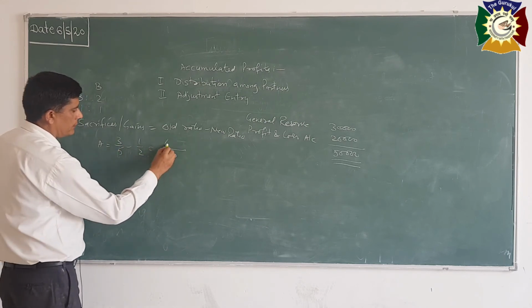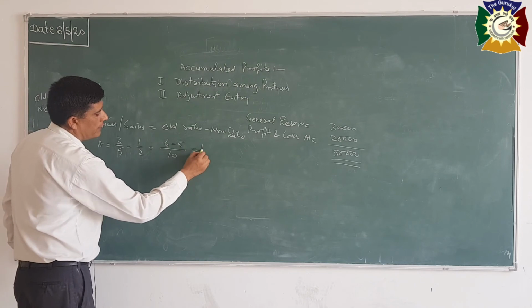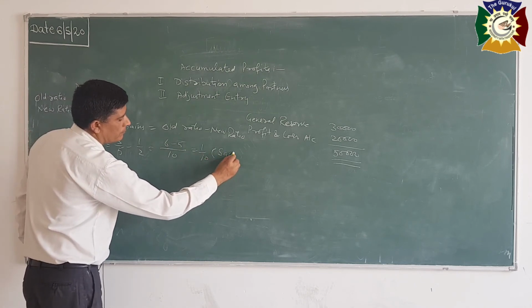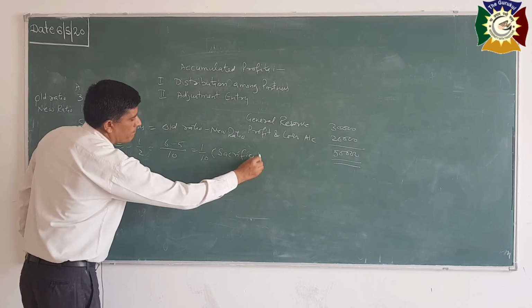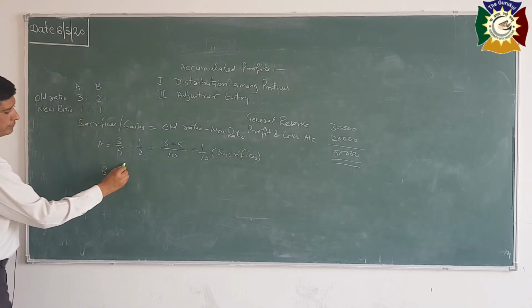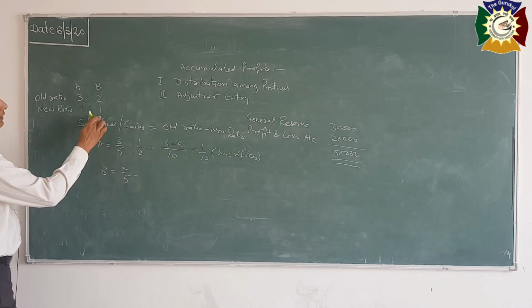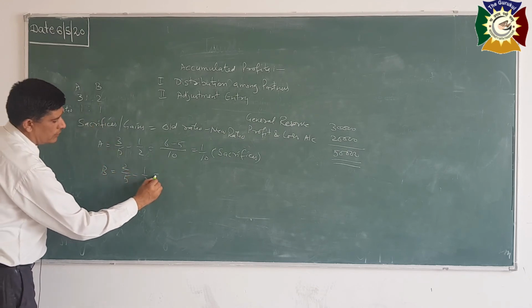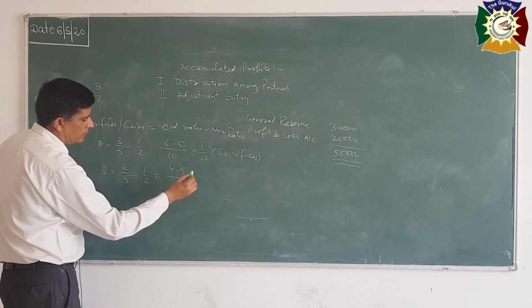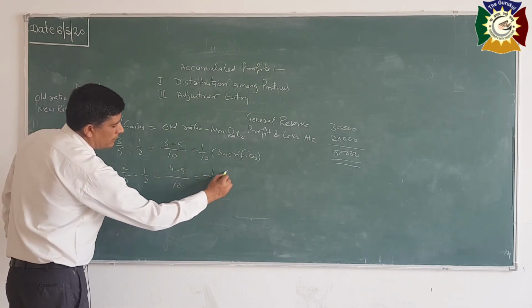So 6 minus 5, that is 1/10. Answer is positive, it means he will sacrifice. B, old share is 2/5 minus new share is 1/2, LCM 10. So here 4 minus 5, that will be minus 1/10, it means he will gain.